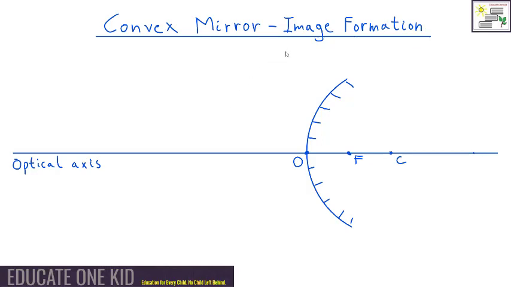Hello, welcome to this video on image formation by a convex mirror. So let us see how a convex mirror gives rise to an image when we place an object in front of it. So as usual, our object will be an arrow.